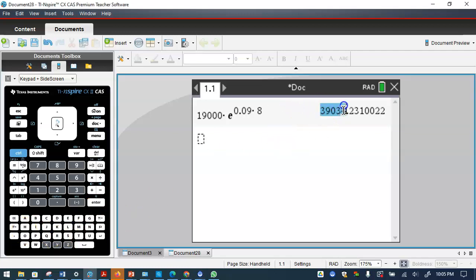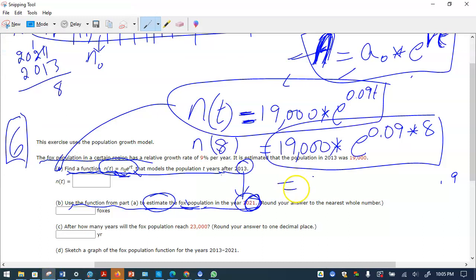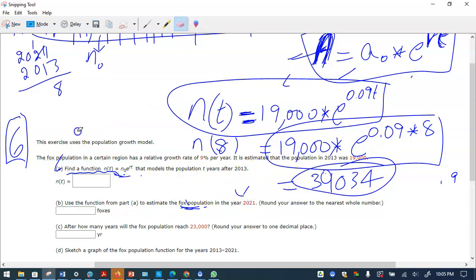But then you have to round it to the nearest whole number. After the decimal there's a 2, so the 2 doesn't matter. So 39,034 is the correct answer. So 39,034 is the population.